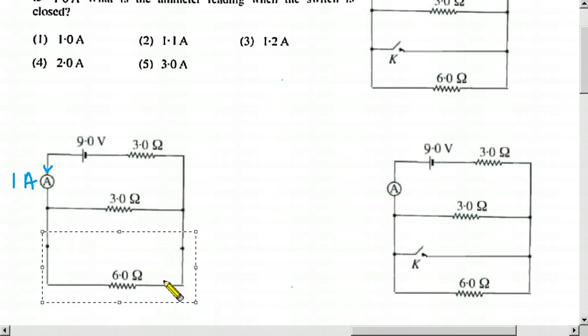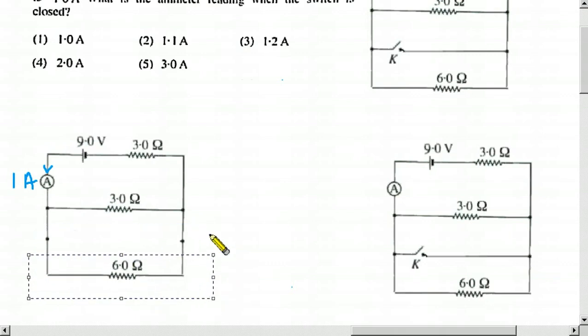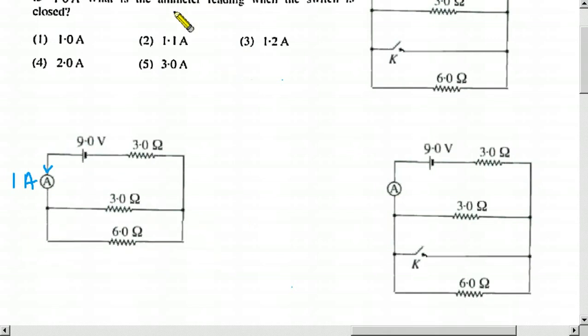So these two resistors are now in parallel. What is the resultant resistance of these two? 6 times 3 divided by 6 plus 3. Then 18 divided by 9 is 2 ohm.